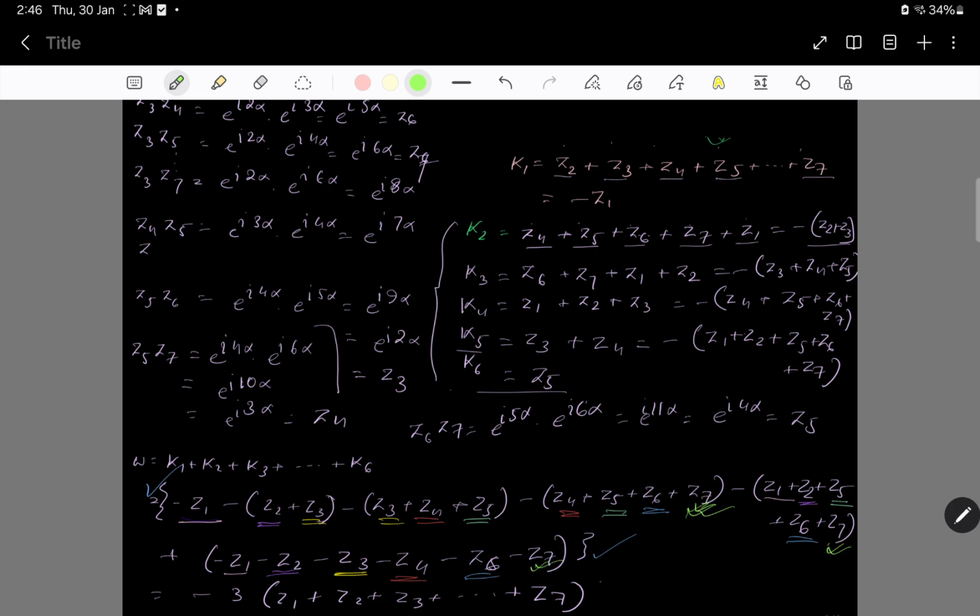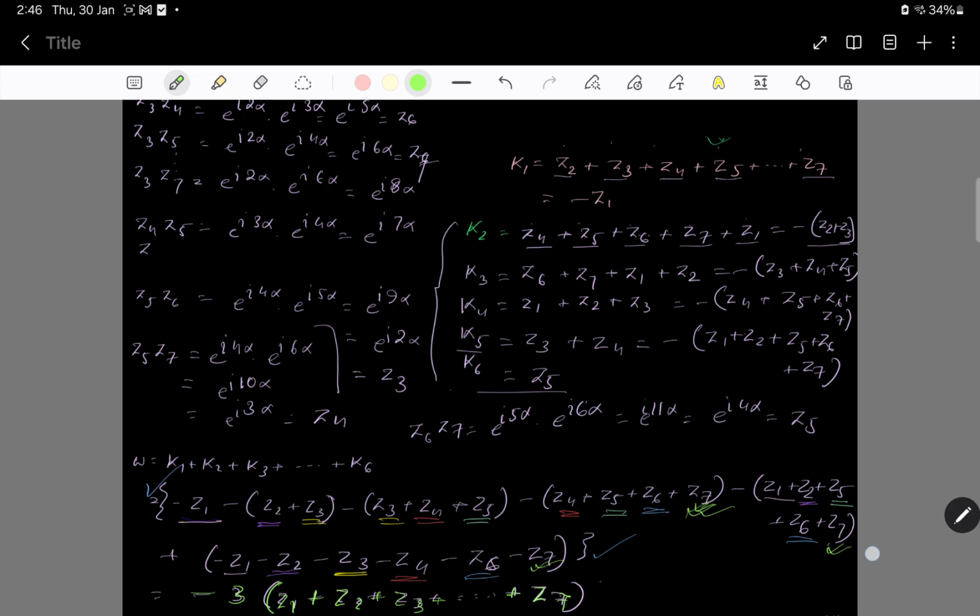So the entire expression is going to be minus 3 times z1 plus z2 plus z3 plus z4 plus z5 plus z6 plus z7.